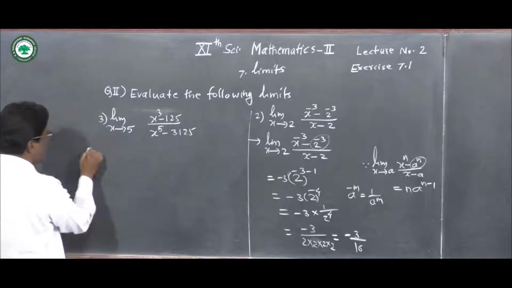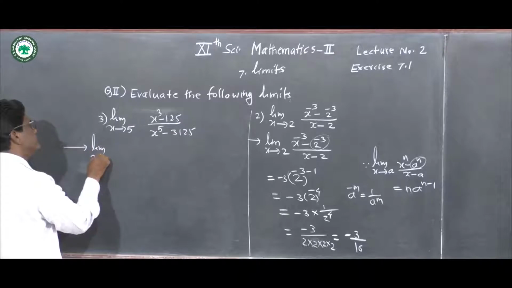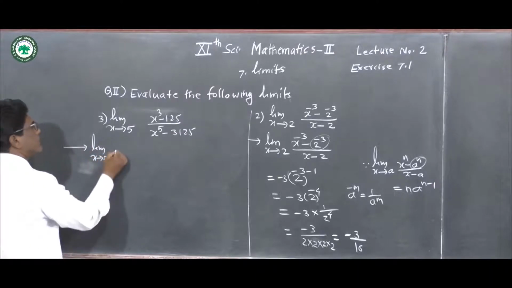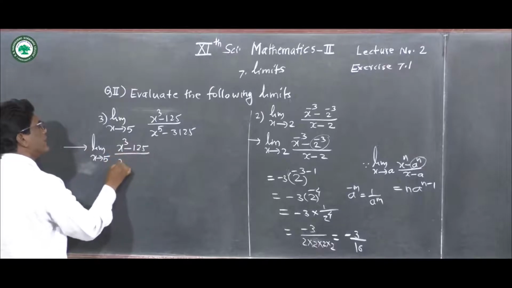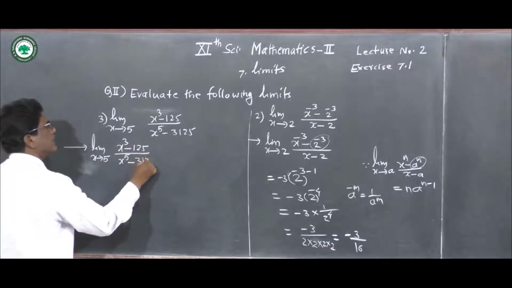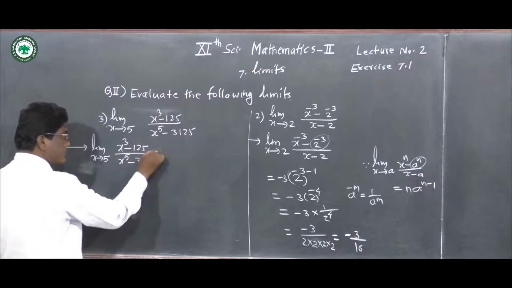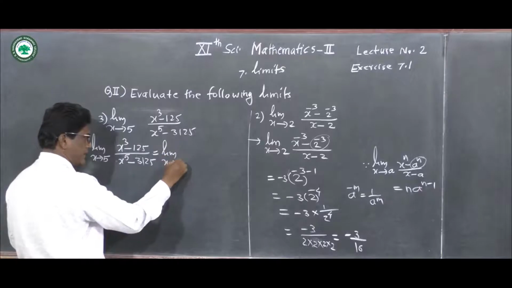So consider this problem. This is equal to limit as x tends to 5, x to the power 3 minus 125 divided by x to the power 5 minus 3125.